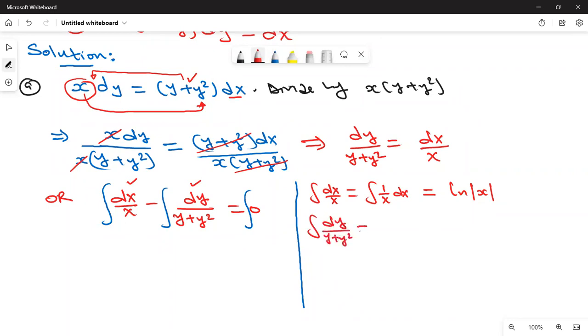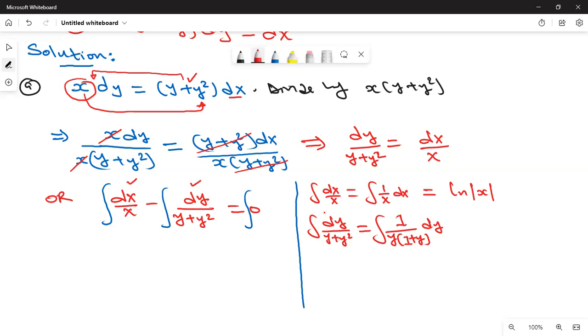This can also be written as the integral of 1 over y into (1 plus y) dy. Now, how do you integrate when the denominator is a product of two linear factors? You see, y is a linear factor, 1 plus y is also a linear factor.